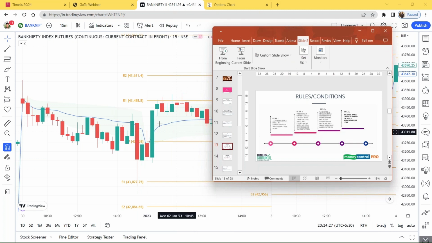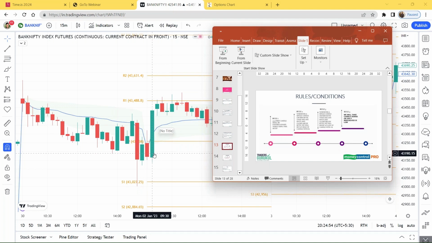Whenever a single candle, you can see this is a single candle, crosses both VWAP and pivot. This 9:30 candle on 2nd January has crossed both VWAP and pivot and closes above both. It should cross both the indicators on a single candle.